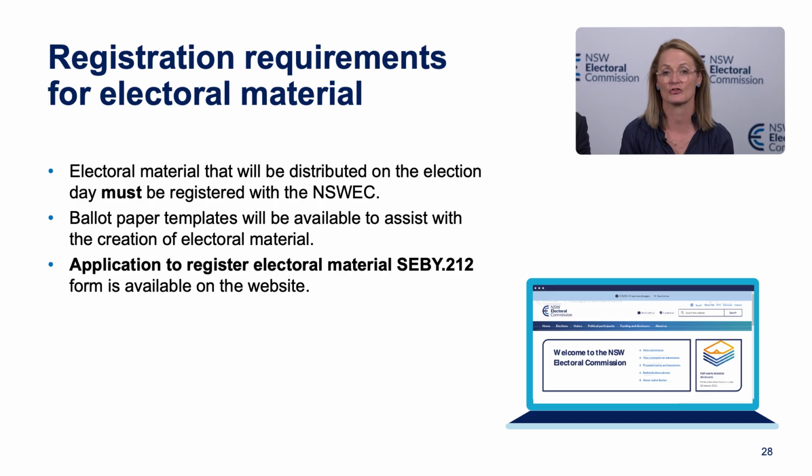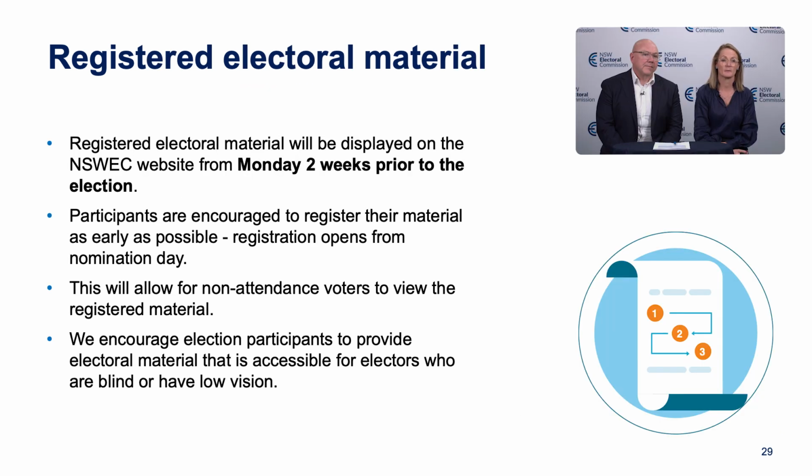An application to register electoral material will be available on our website following the close of nominations. Registered electoral material will be displayed on the New South Wales Electoral Commission's website Monday 2 weeks prior to the election. Participants are encouraged to register material as early as possible from when registrations open, and registrations will open on the nomination day.